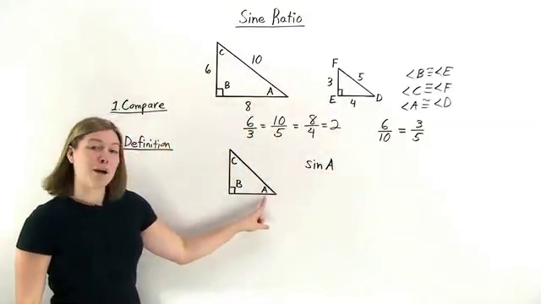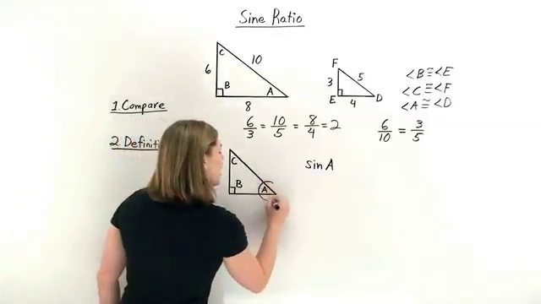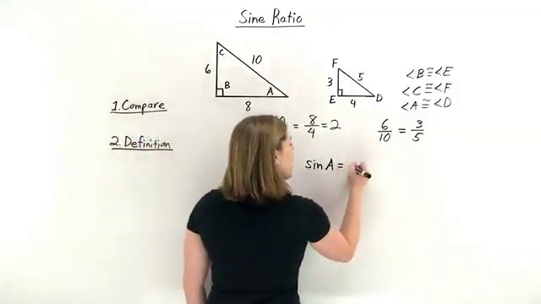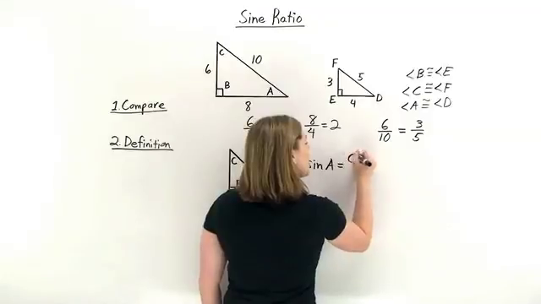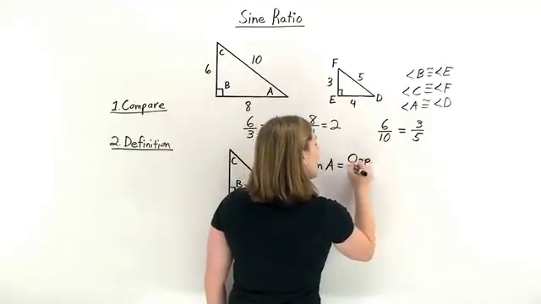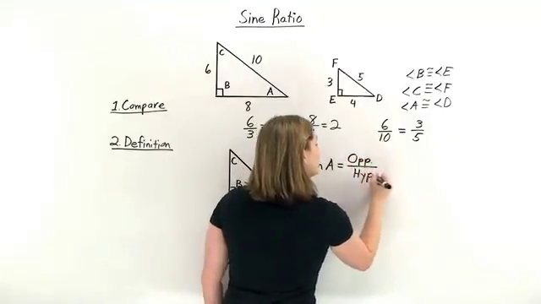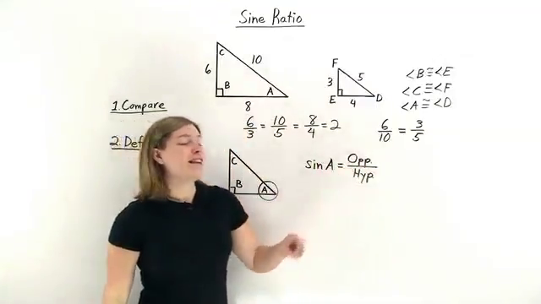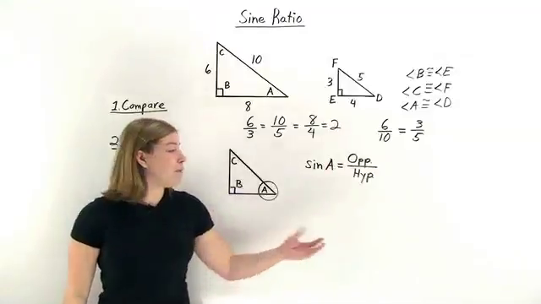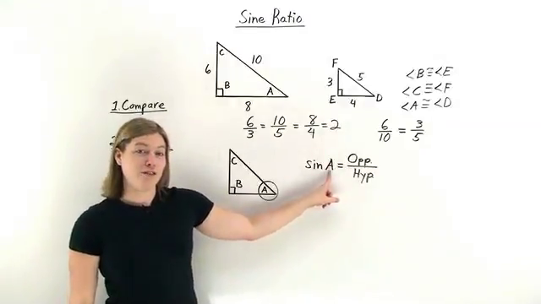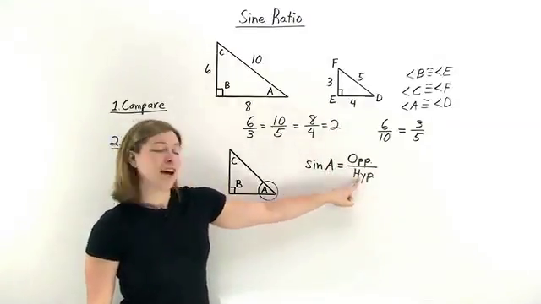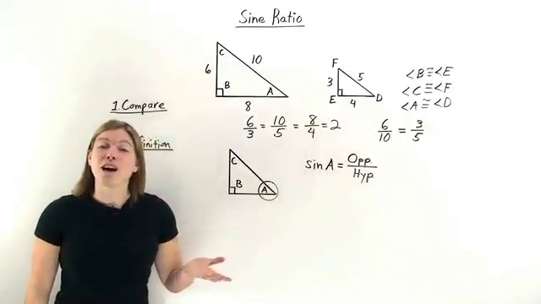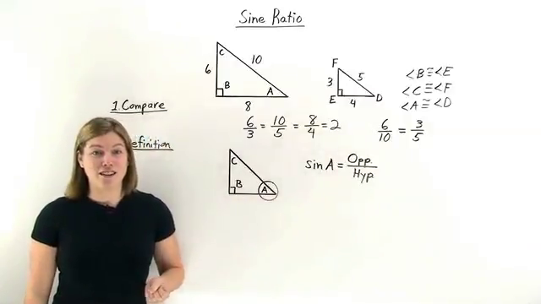So we're actually talking about this angle, angle A. Now to find sine of that angle A, we need to take the ratio of the opposite over the hypotenuse. Now what does that mean? Well, the opposite is the measurement of the side that sits opposite the angle that we're trying to find the sine of, angle A in this case. The hypotenuse is the measurement of the longest side of the right triangle.